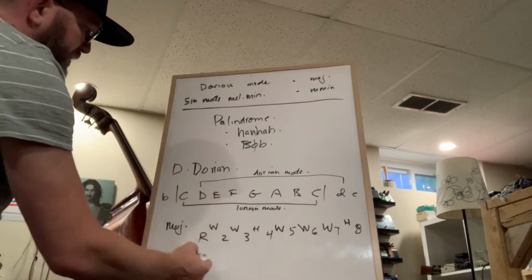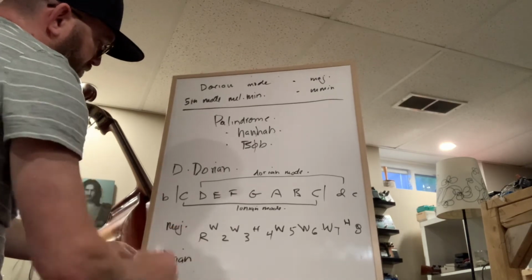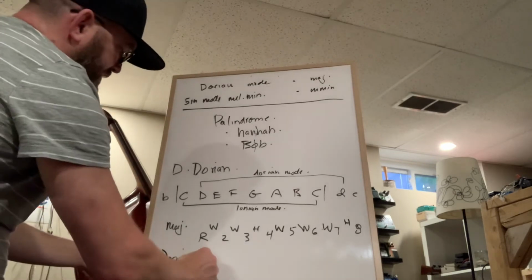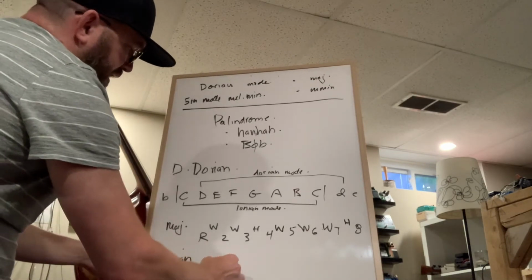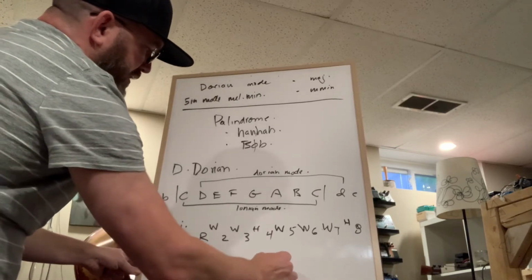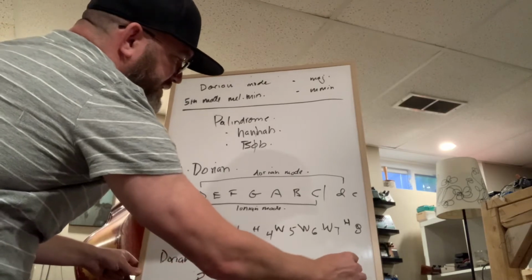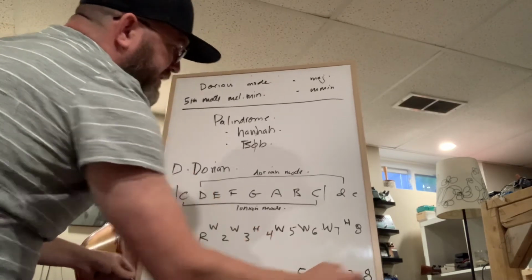But if I look at the construction of the Dorian, what we get is a root, a 2, a minor 3, a 4, a 5, a 6, a minor 7, and the octave.